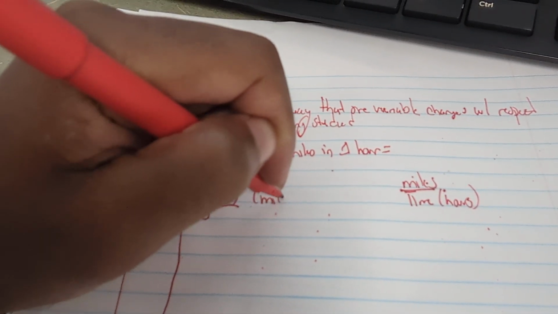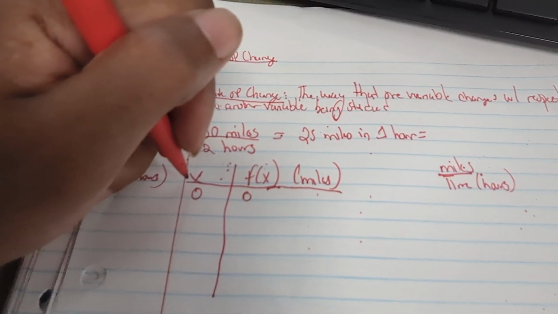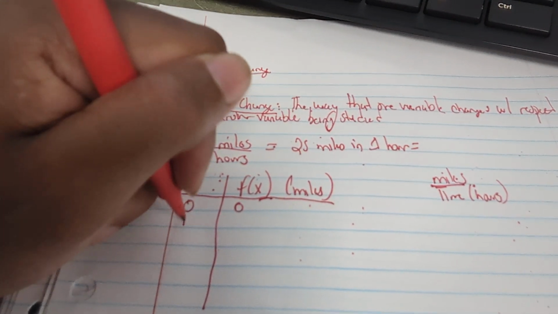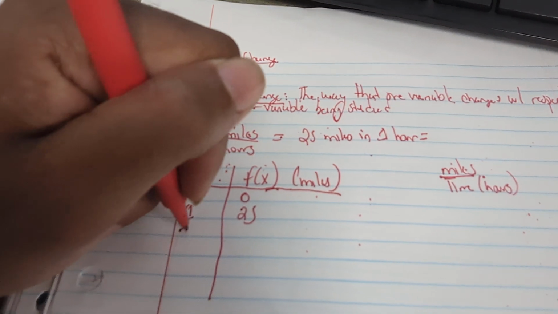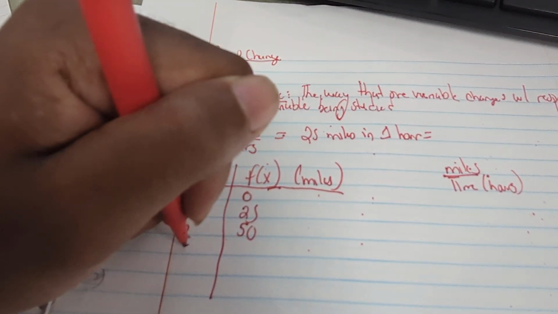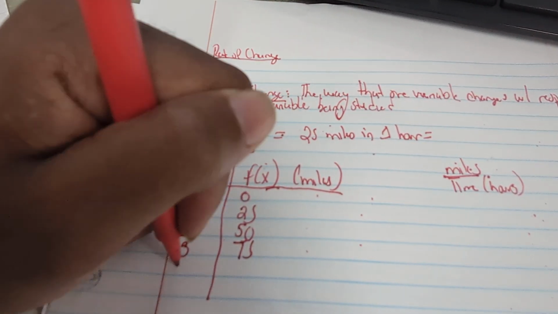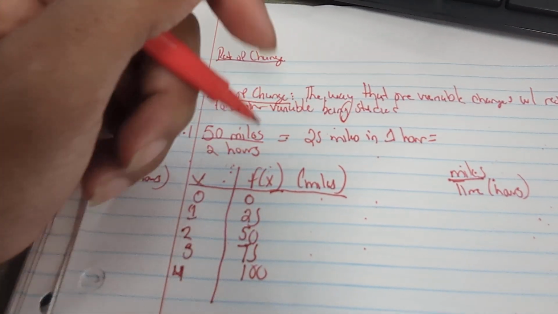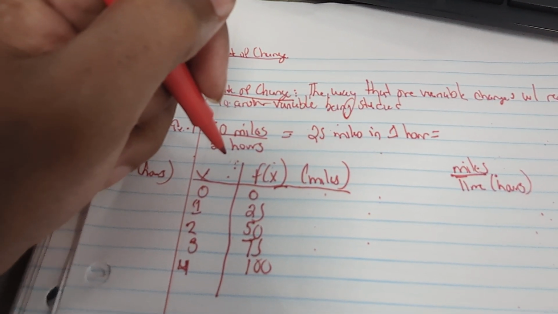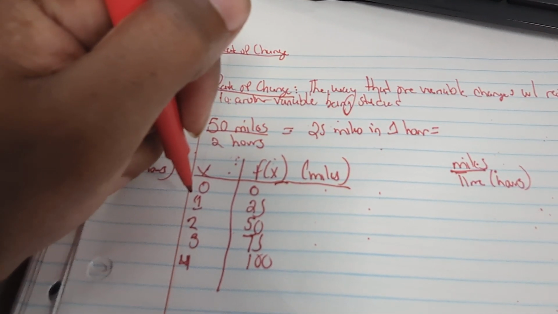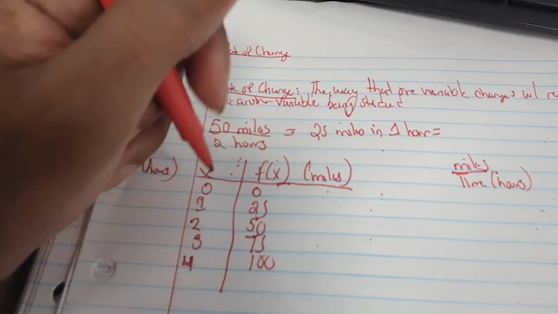If we drove 0 hours, we would get 0 miles. If we did 1 hour, it's 25. If we did 2, it's 50. If we did 3, it's 75. If we did 4, it's 100. As the hours increase, the number of miles increase.